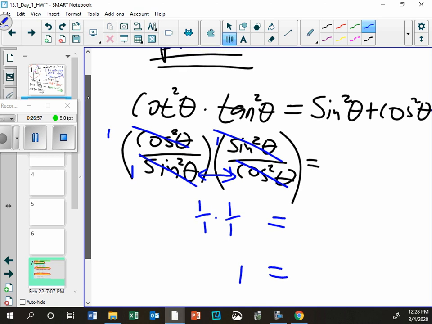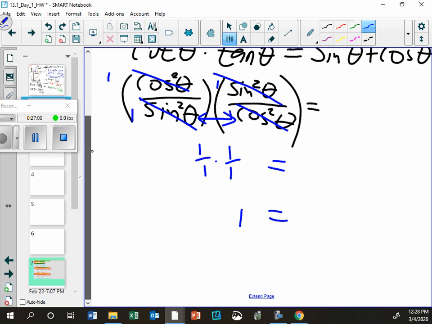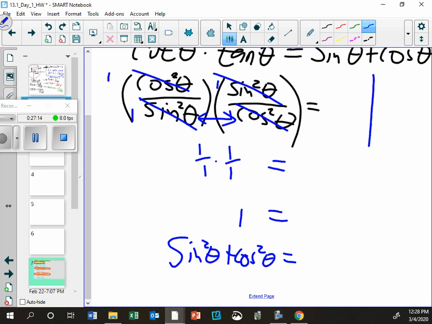Yeah. Most of you guys are used to sine squared plus cosine squared equals 1, but it's also true that 1 equals sine squared plus cosine squared. So I can replace this 1 with sine squared plus cosine squared, and I can now bring down this ending. Sine squared plus cosine squared.